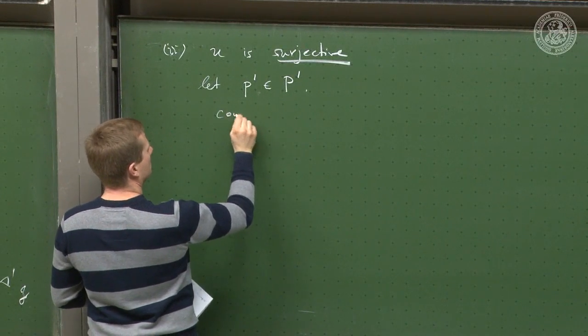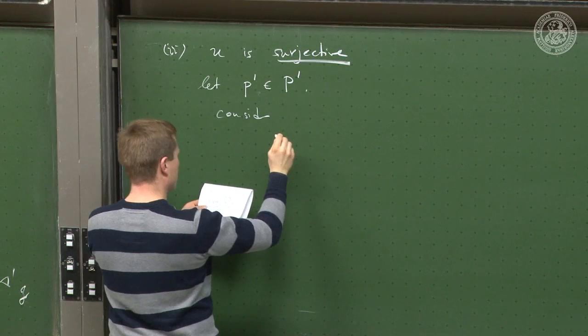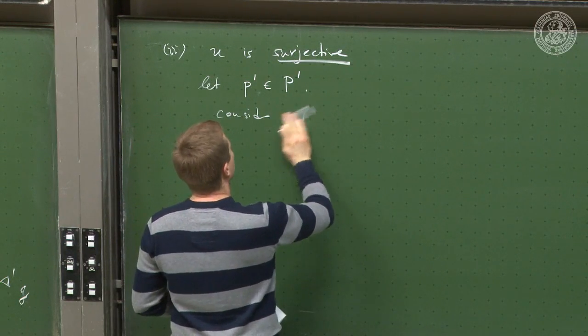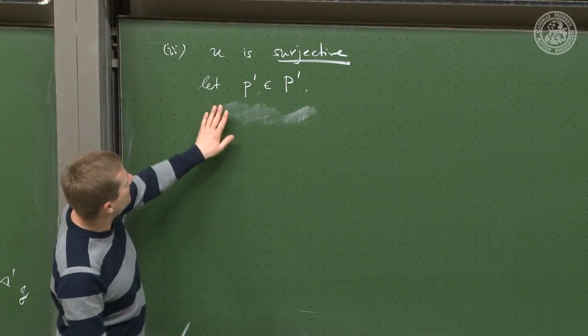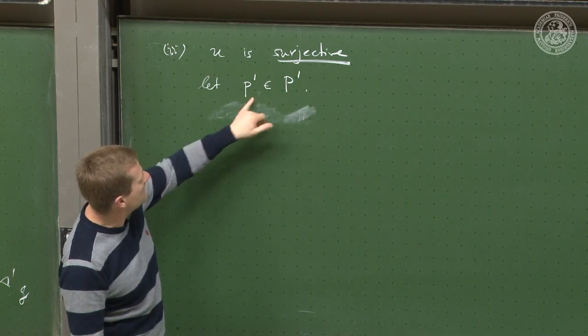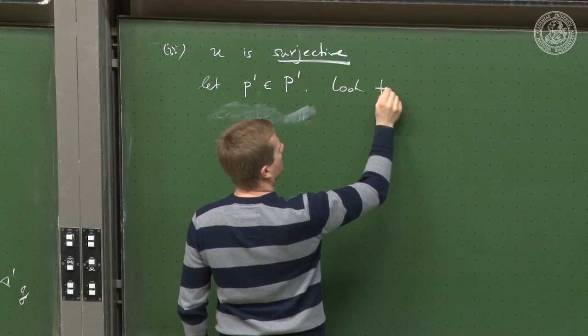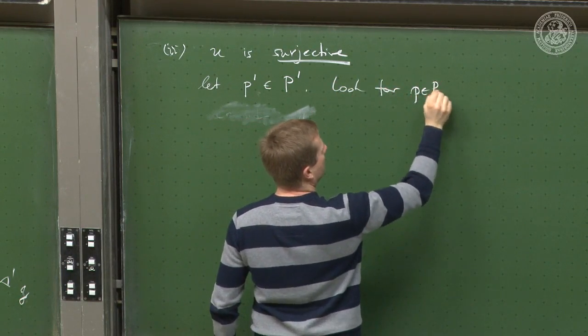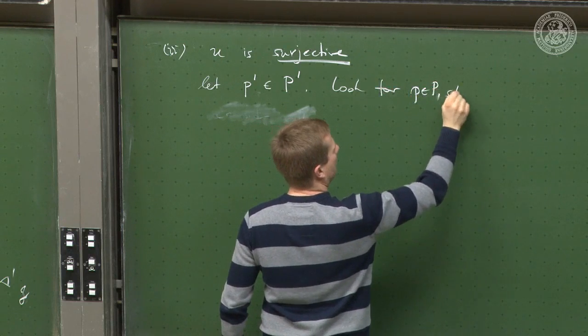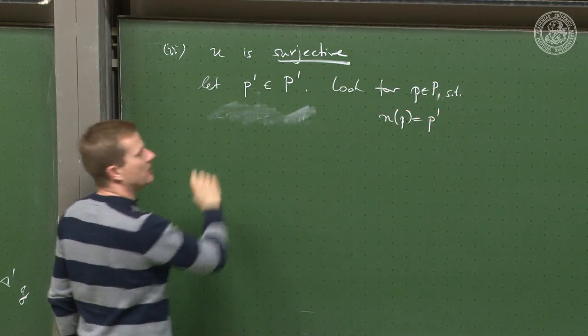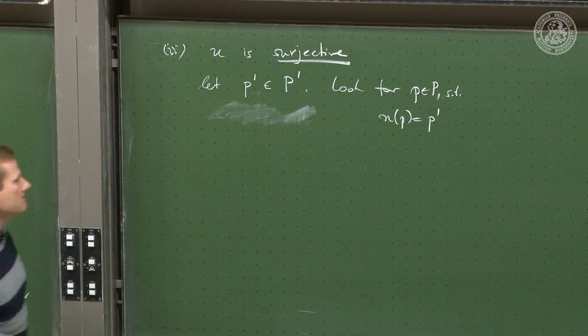So consider the projection pi. So again, we're looking for a point P in P such that U of P is the chosen P prime, okay?